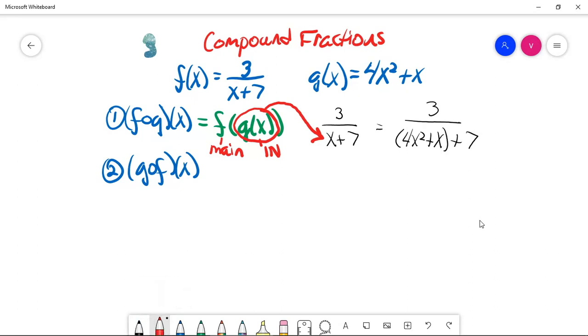So this right here was your g of x. So you can simplify that whole thing, clean it up. It doesn't have to look so ugly. 4x squared plus x plus 7.